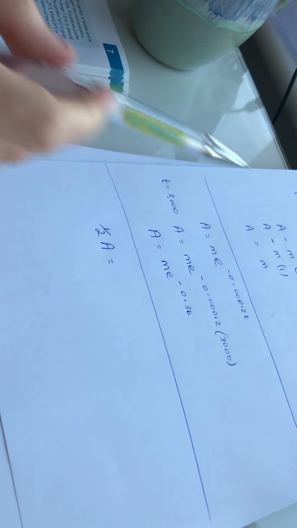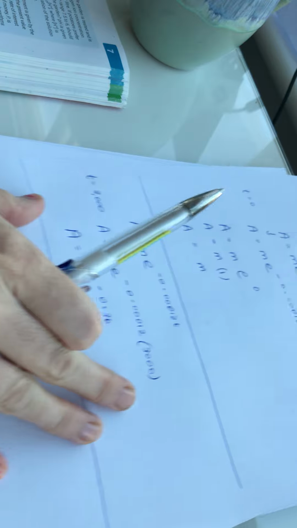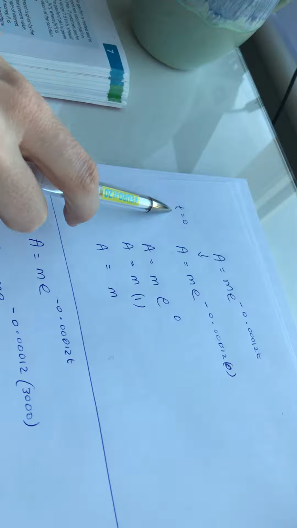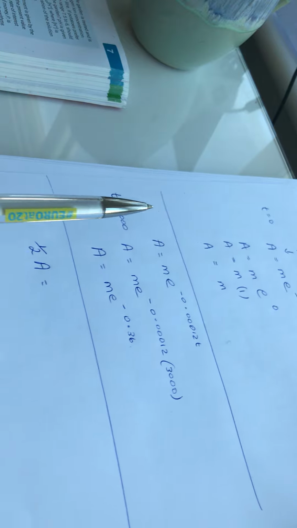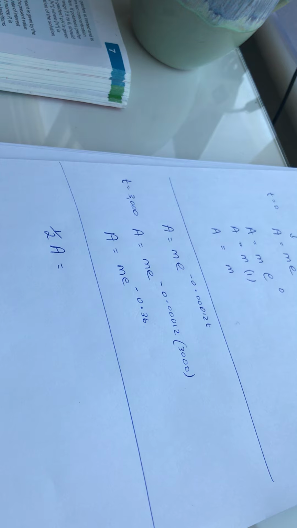So we now know that M and A are equal to each other at time 0. So at the time of death, we know that A and M are equal. How old is the object?